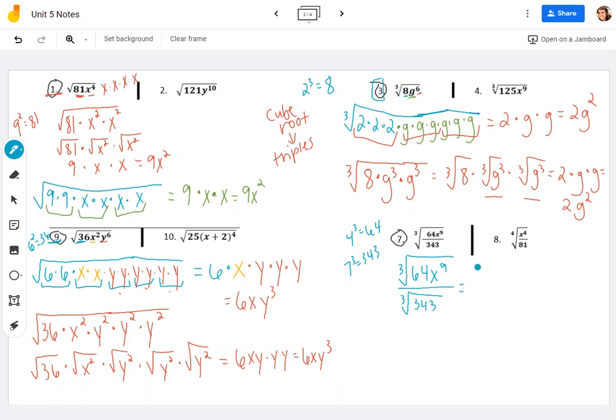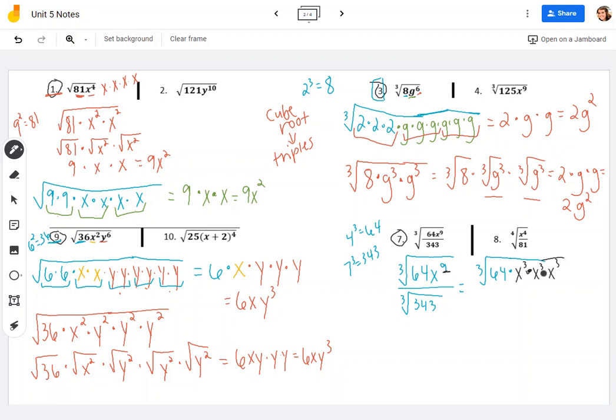So we can rewrite this. I'm going to choose to break up each of the pieces that I have. So 64 I know is a perfect cube. And then I see x to the 9th. That makes 9 x's. So I'm going to split those as x cubed, x cubed, and x cubed, all being multiplied together.